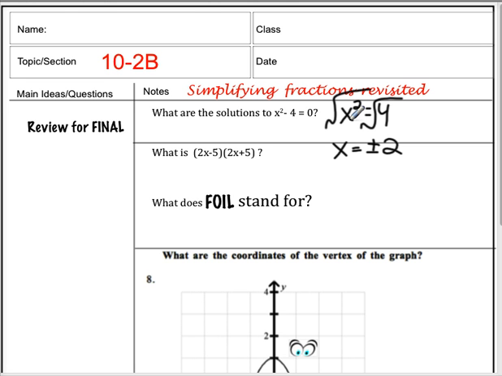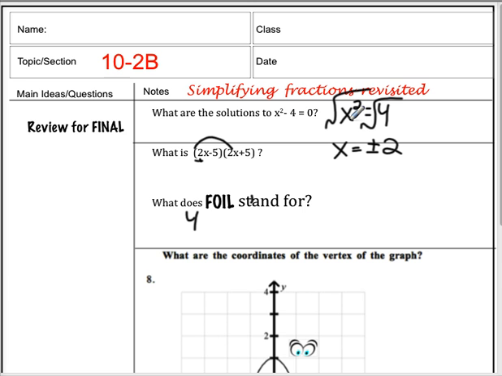Now, foiling, when we have two binomial expressions being multiplied, the way that we handle that is by the foiling process. Now, foiling, remember, means first, so I get 4x squared, last, oh, I'm sorry, I'm jumping ahead of myself. I don't want to do last next.